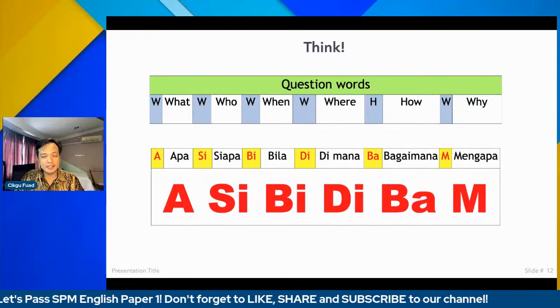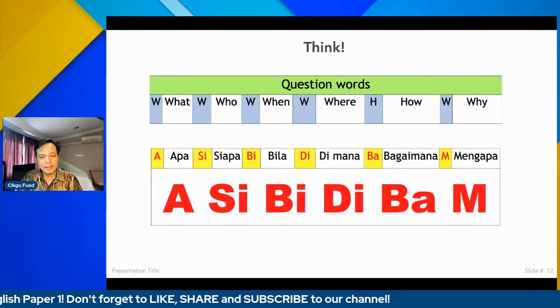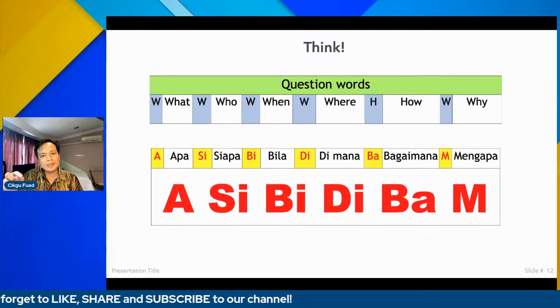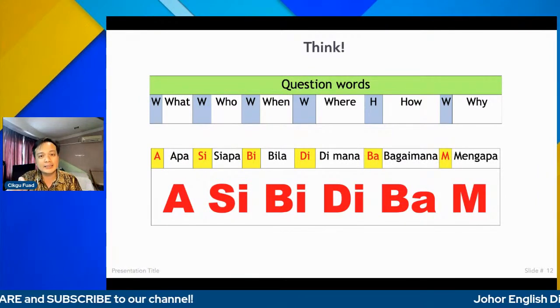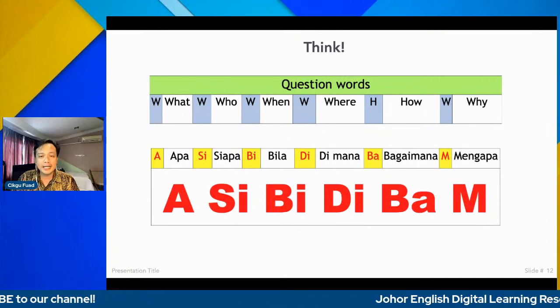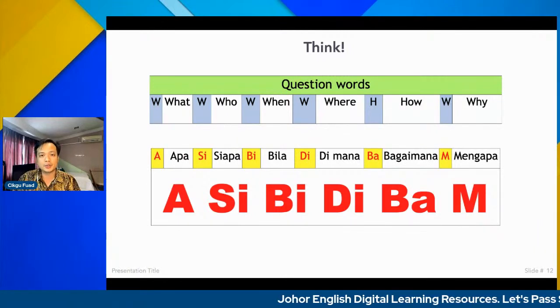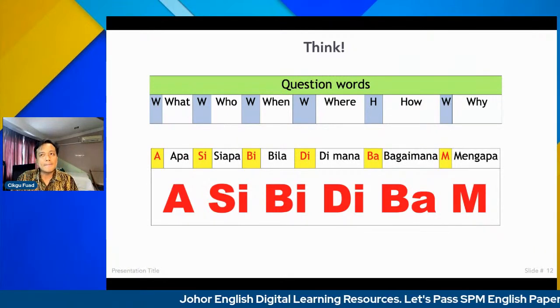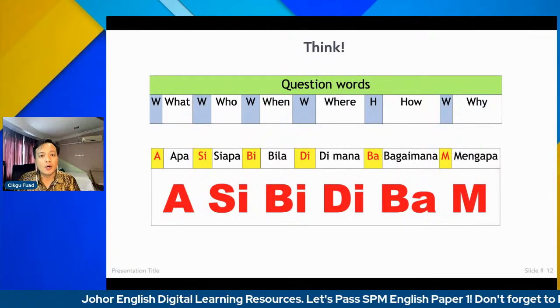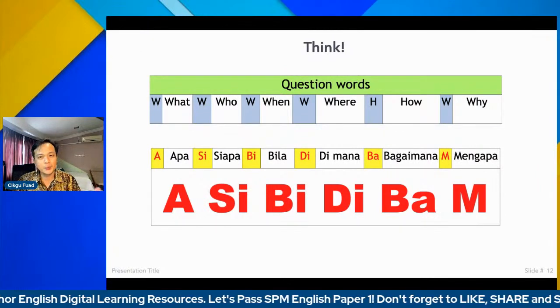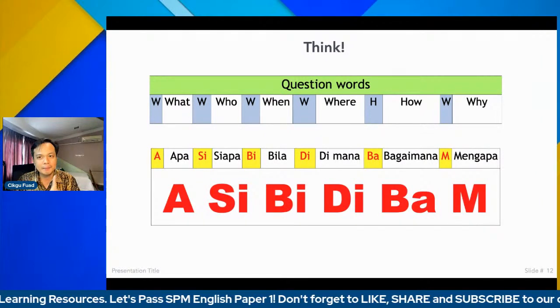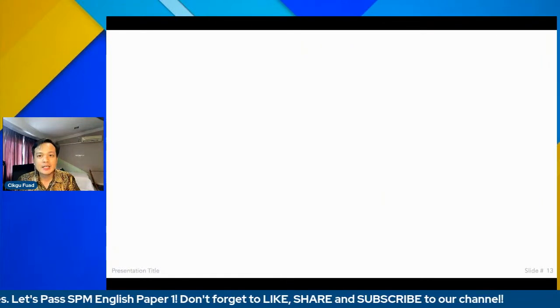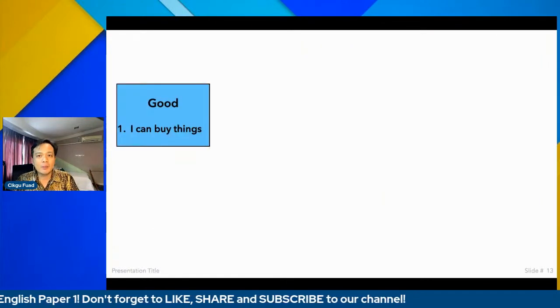So we have this acronym, RCBDBAM. You need to remember this because we will use it to elaborate and write our content points later. So remember RCBDBAM.